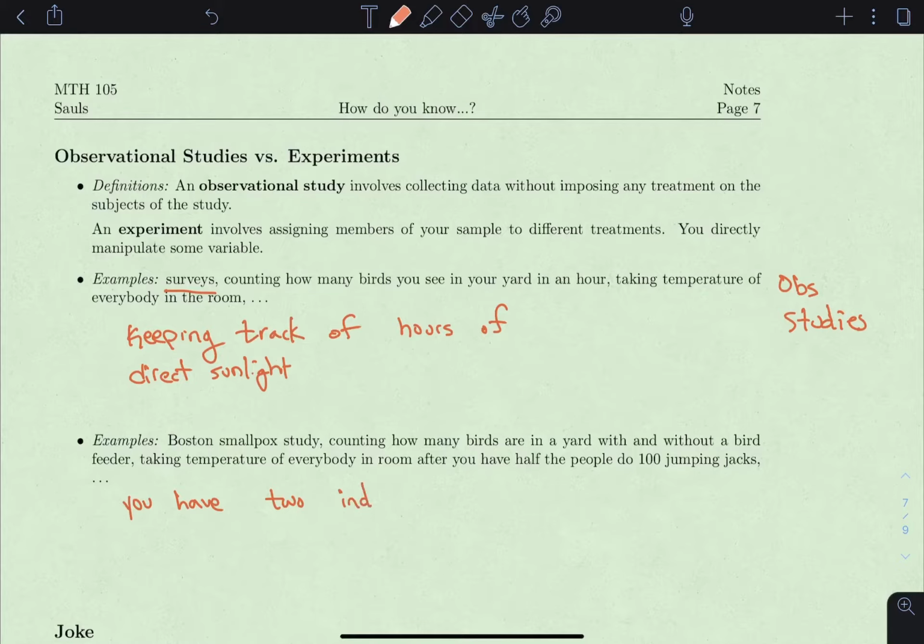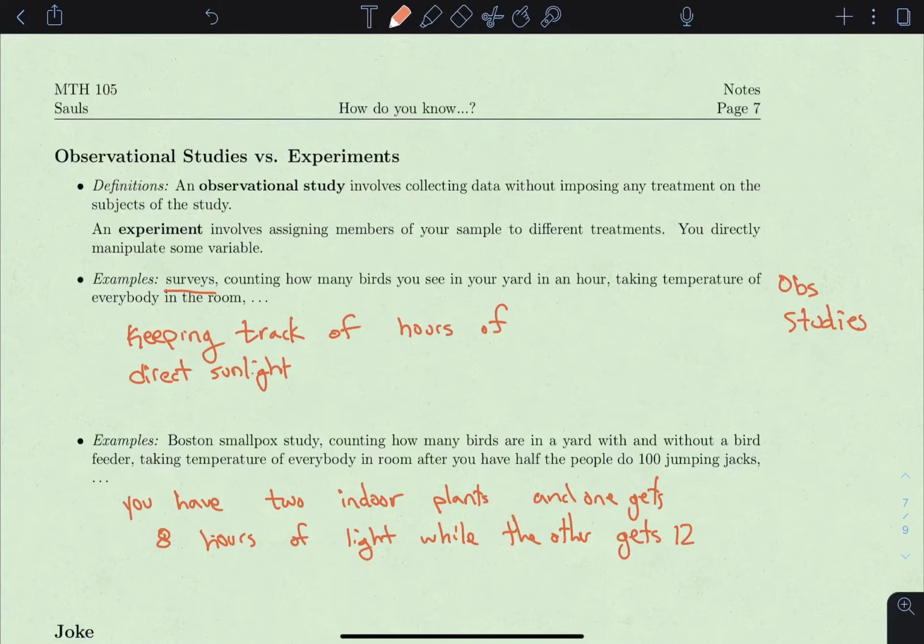Indoor, and one gets 8 hours of light, while the other gets 12. Thus you having direct control over a single variable. You're very much applying different individuals in your sample different treatments.